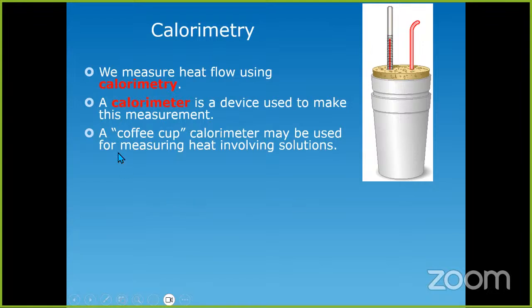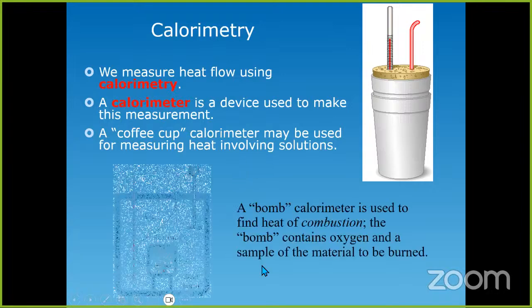To make sure that whatever is inside there is mixed, right? Styrofoam, of course, is the material of choice when it comes to this setup because styrofoam is highly insulating, so it doesn't allow any heat to escape or enter into the system. So this would be considered to be an isolated system, right?